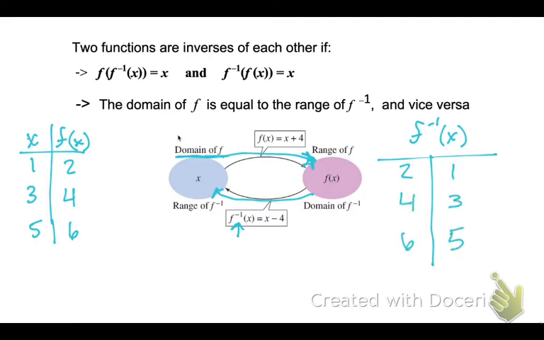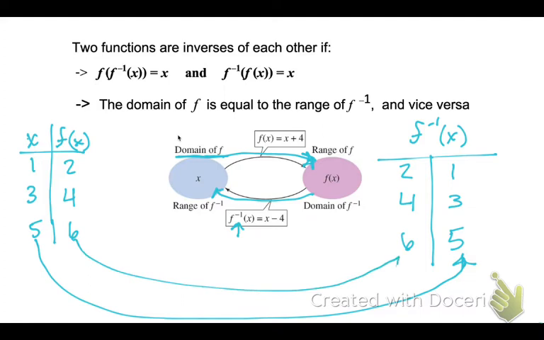What happened? The domain became the range, and the range became the domain. And that goes both ways. They're inverses of each other.